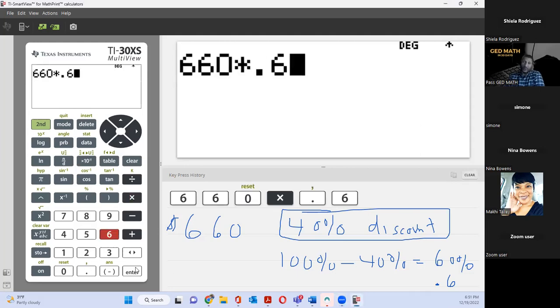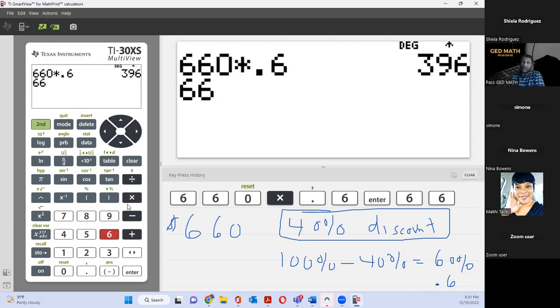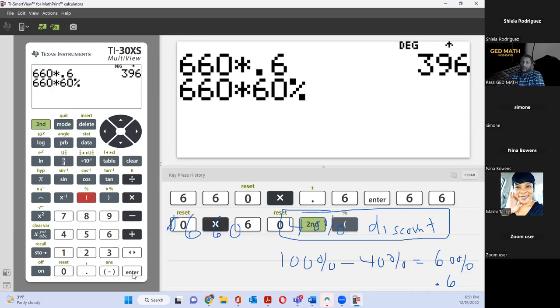Now you could have put the percentage in there. You could have said 660 times 60%. You don't have to change it to a decimal. And this is why I tell you, go through the ebook, learn all these shortcuts. I'm telling you, it'll save you months and months of study time to pass this test.